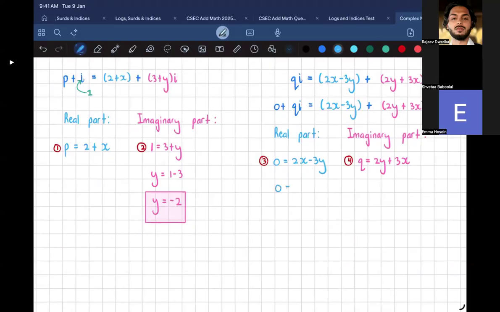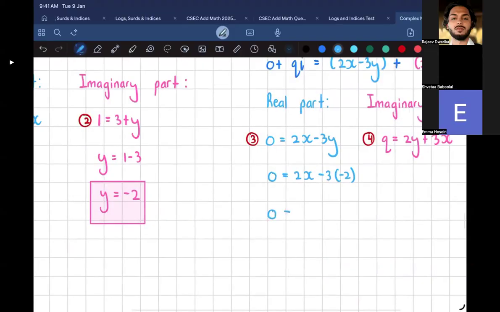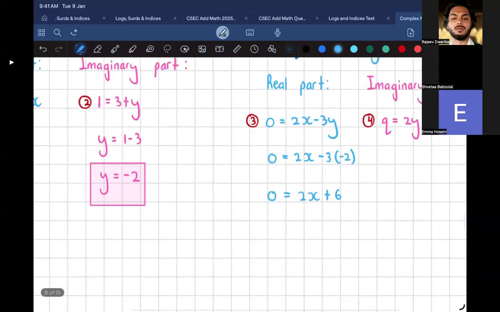So 0 is going to be equal to 2x minus 3 times minus 2. You end up with 0 is equal to 2x plus 6. Everybody okay with this?